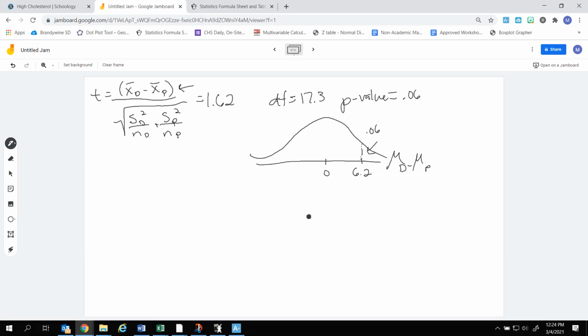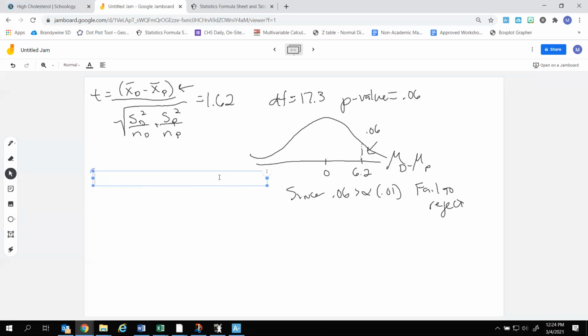But because our alpha is 1%, this would need to get further out. It's not far enough away from the mean to claim that there is a statistically significant difference. So since 0.06 is greater than our alpha of 0.01, we're going to fail to reject. This is going to drop us into our conclusion statement.